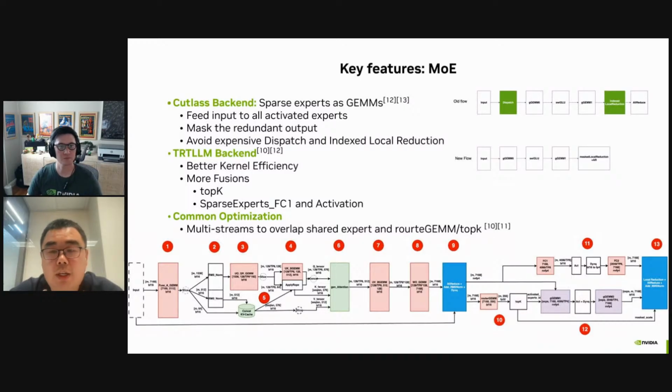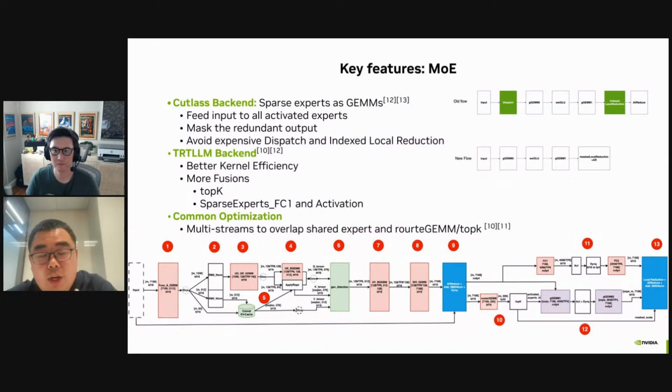Next one is about MOE. For this module, we support 2 backends now. The first one is Cutlass group GEMM-based backend. And here, the main observation is named sparse experts as GEMMs. For the old flow, for each input tensor, we need to dispatch the tokens to different experts.